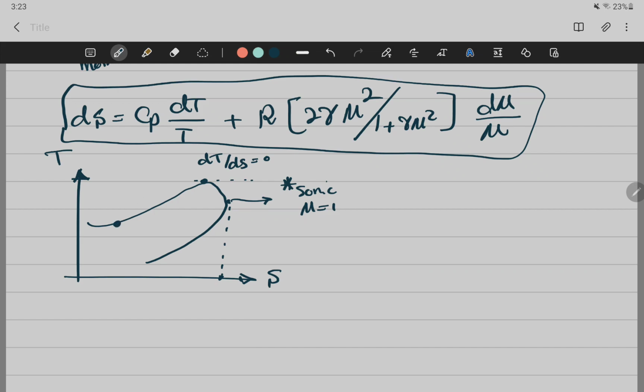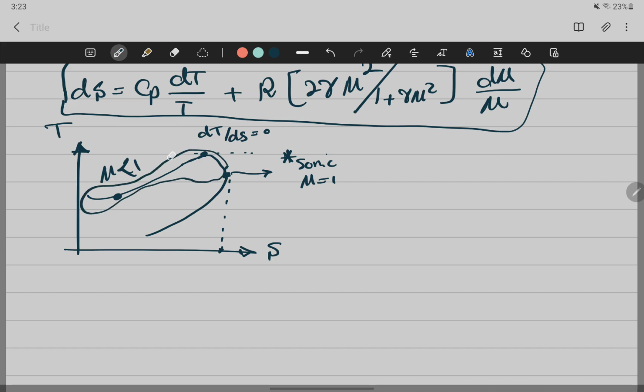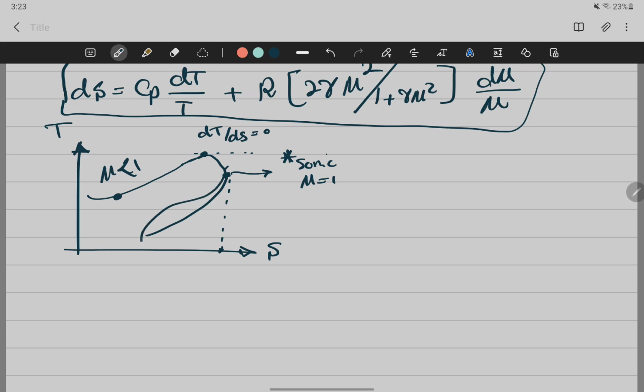Let's say you have a subsonic flow. A subsonic flow is going to fall on this line at a specific temperature. So this part of the curve is going to be the subsonic part, and this part of it is going to be the supersonic part.